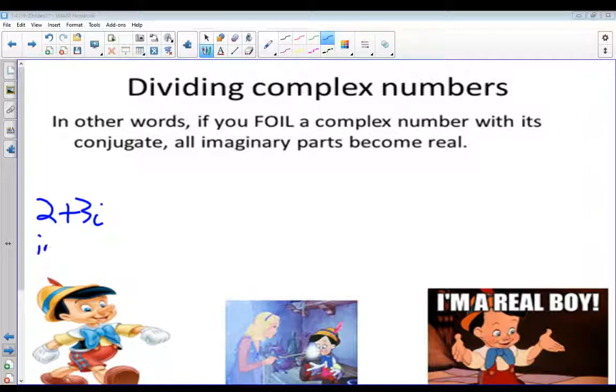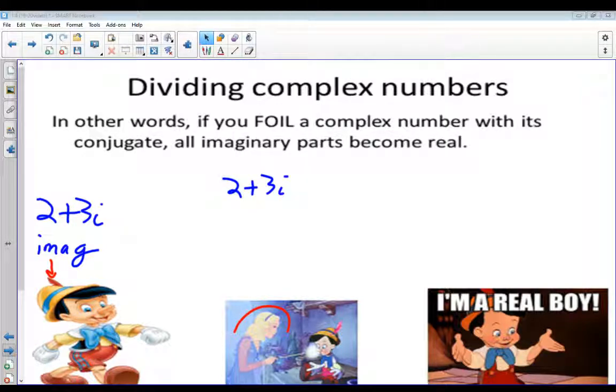And right now, it's an imaginary number because it has i. Just like Pinocchio, he's not technically a real boy yet when he's a puppet. He's kind of an imaginary boy, sort of. He's not completely real yet. But let's pretend that the fairy godmother is going to work her magic, and she's going to use the complex conjugate.